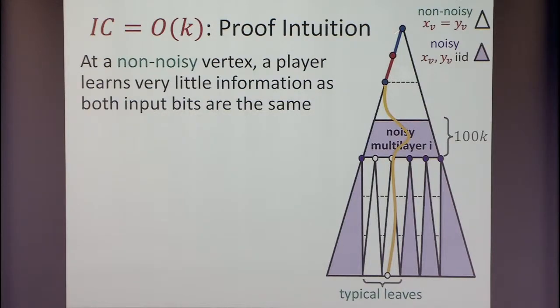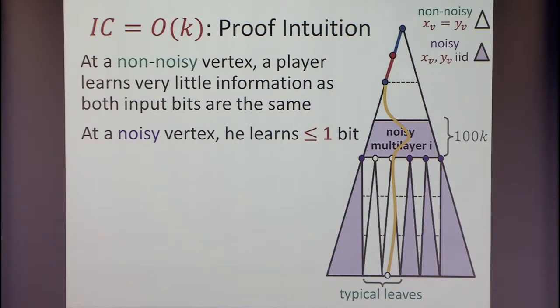Here, for example, Alice and Bob got the same bit. So when Alice tells Bob her bit, he's not that surprised. He doesn't learn a lot from that because he kind of already knew that. Of course, he wasn't sure, but he was pretty convinced. He had a 0, she said a 0, okay, it makes sense. So all the vertices that are not noisy will reveal very little information.